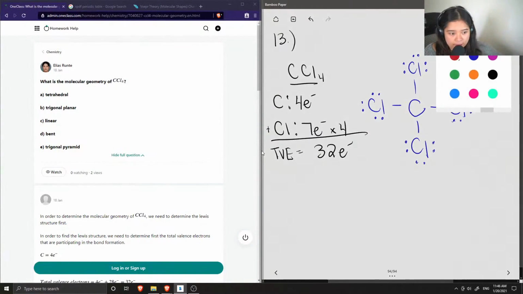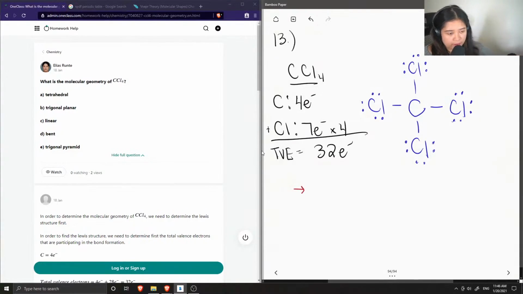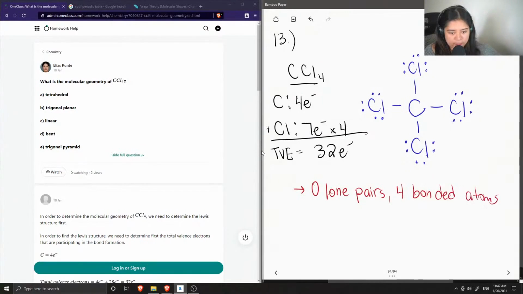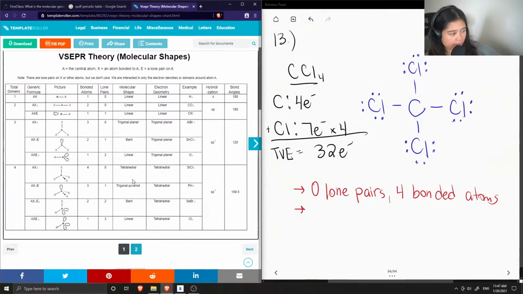So now let's analyze this Lewis structure to find out its molecular shape. So the central carbon atom contains 0 lone pairs and 4 bonded atoms, which are the 4 chlorines. So if we look at our VSEPR chart, we'll see that when we have 0 lone pairs and 4 bonded atoms, this tells us that we have a tetrahedral molecular shape.